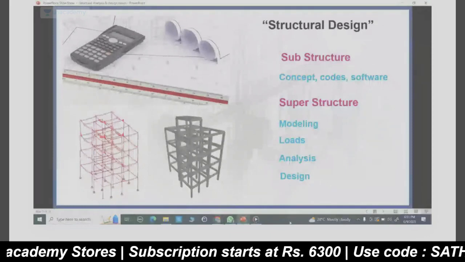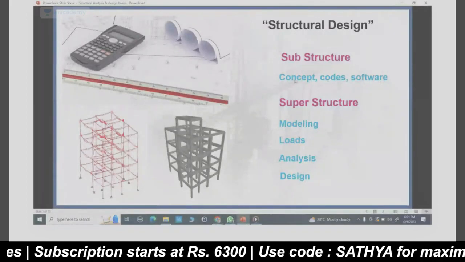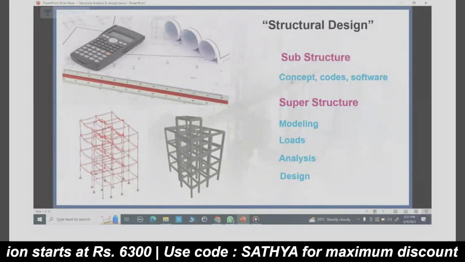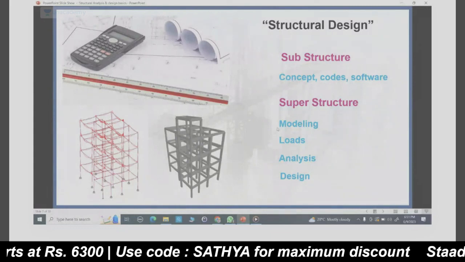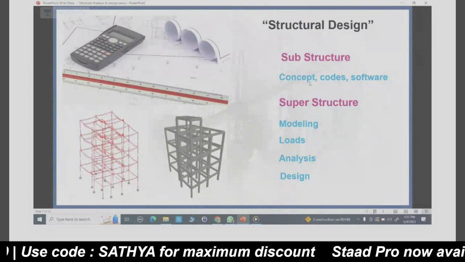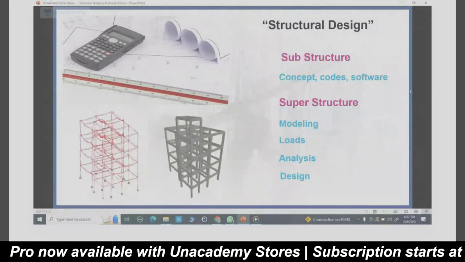So you are all aware of strength of material, structural analysis, and then structural design. This concept includes these three things: structural analysis, strength of material, and structural design. In this first concept, we need to do the conceptual design first.